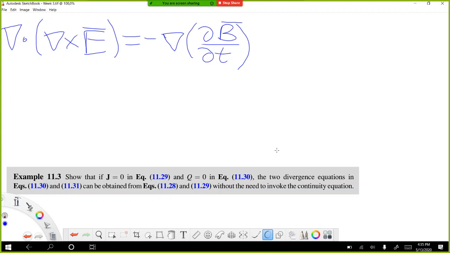And for any vector field, the divergence of the curl of that vector field is 0.